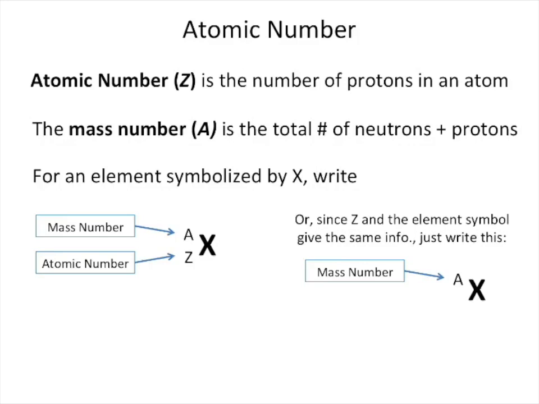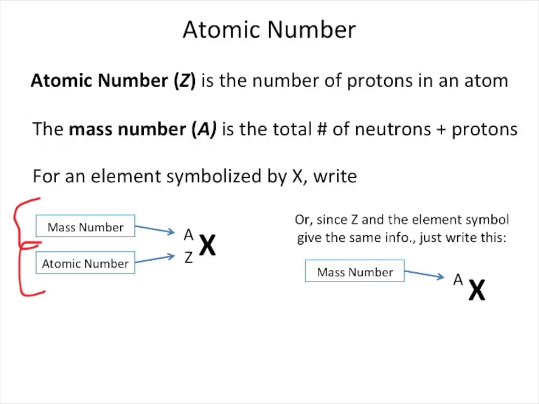Now the mass number is the total number of neutrons plus protons, and we have a formalism where we write the element, symbolized by X in this case, and the mass number goes on the top left over here, the atomic number goes on the bottom left over here, and that's how we describe the element.